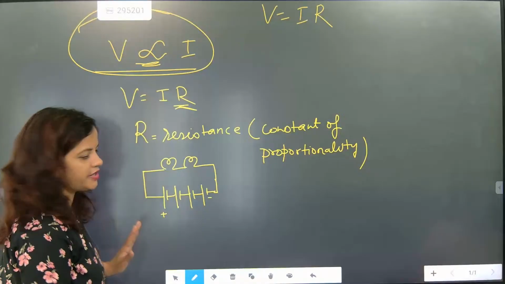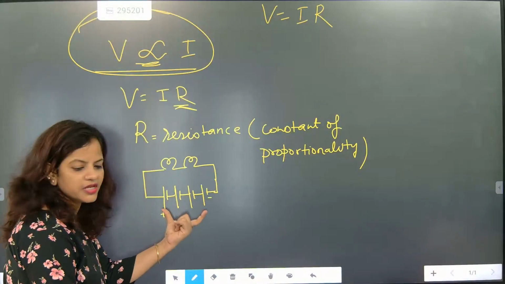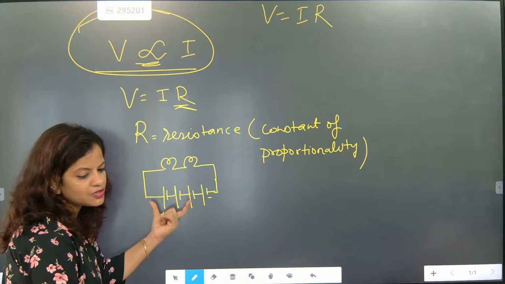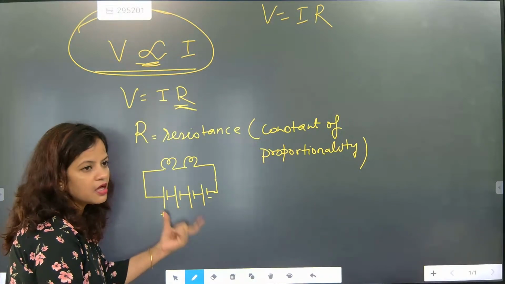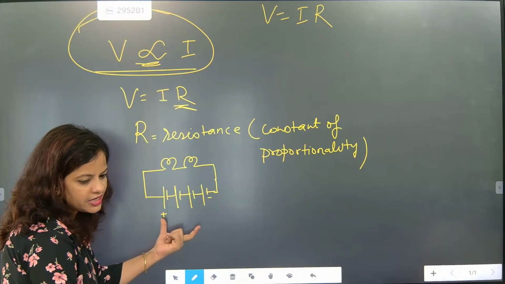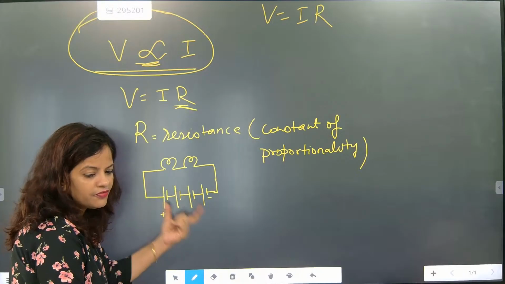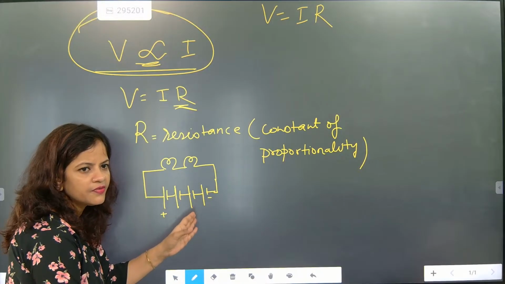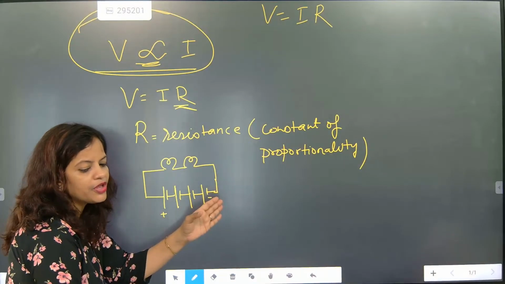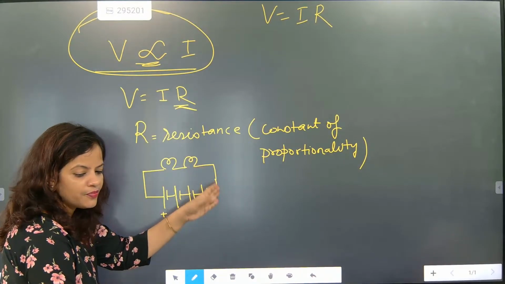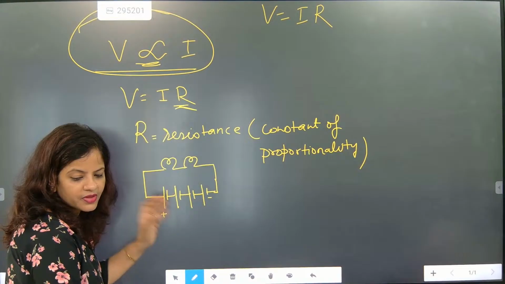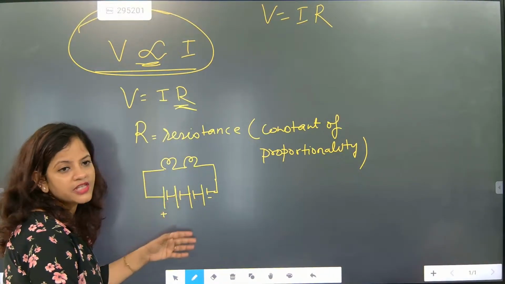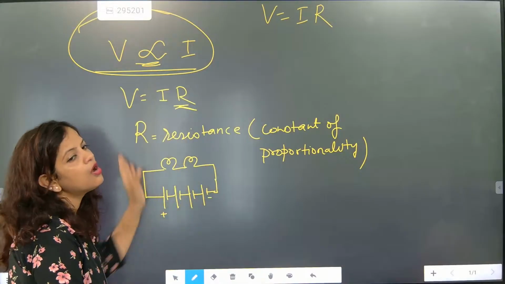Now understand here. How much will this potential difference be? The potential difference is because of the chemical reaction taking place inside the cell. This chemical reaction will generate an electromotive force, and with that electromotive force, the electrons will start moving from the negative terminal to the positive terminal.